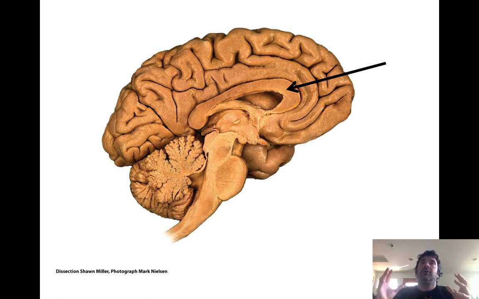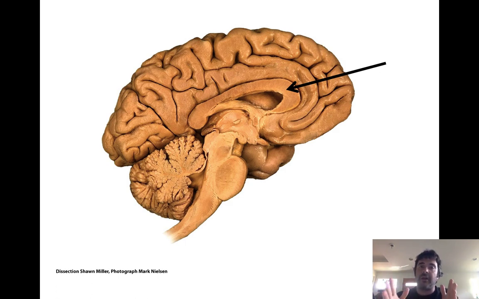But there are different functional areas of the brain that are unique either to the right or to the left hemisphere, and we refer to the fact that there are unique functional areas in the brain either in the left or the right hemisphere as being what's called hemispheric lateralization. So for example, many of our language and mathematics centers are in the left hemisphere of our brain, while many of our spatial visual reasoning centers are in the right hemisphere of our brain.